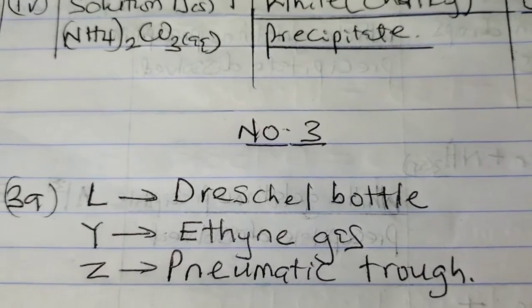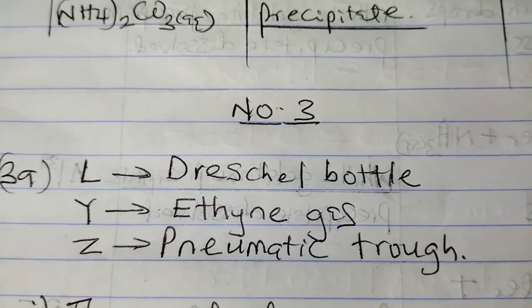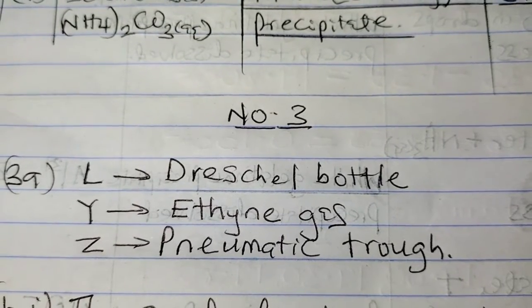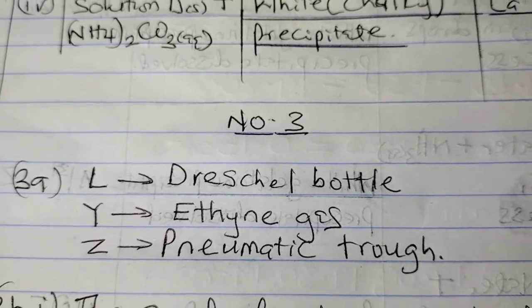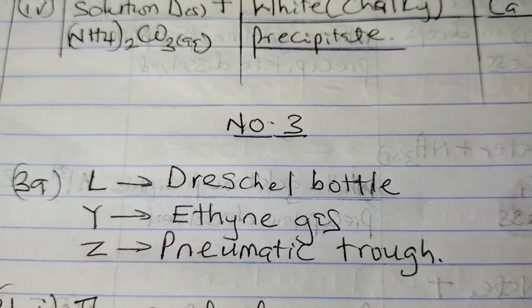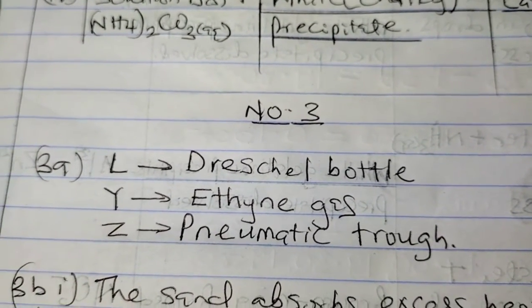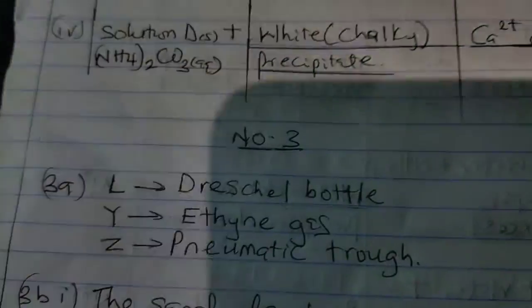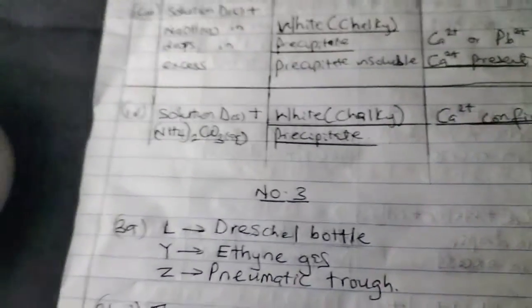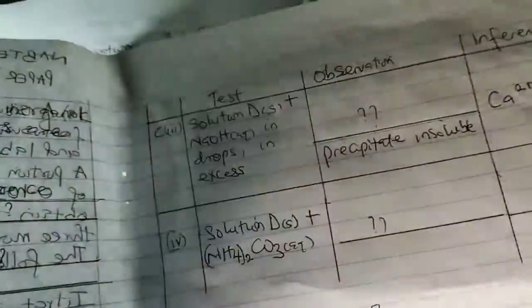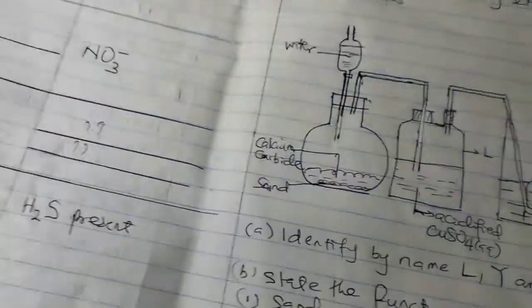Y is called ethyne gas. And Z is called a pneumatic trough, that is for water. We'll now go over to question 3BI, which says we should state the function.